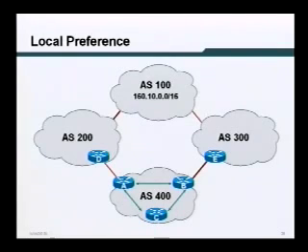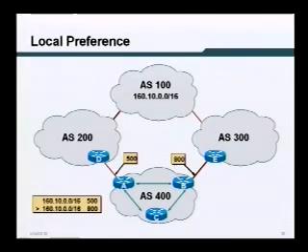Okay, you can go AS400 to 200 to 100. You can go 400, 300 to 100. Which one do you choose? I mean, you can take a coin out and toss the coin as it heads or tails, but routers don't really have very good facilities for doing that sort of decision process. So we have something called local preference.